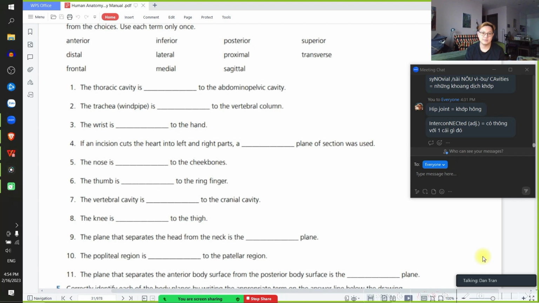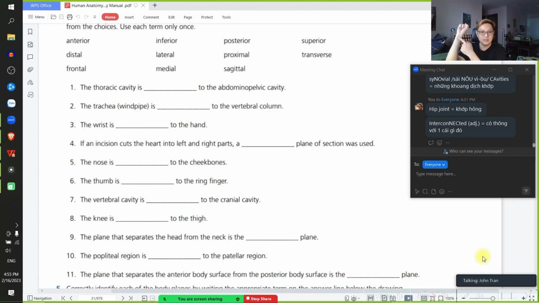How about the trachea? It's not beside it. It's medial, because it's also right in the middle. So I think it's medial to the vertebral column.